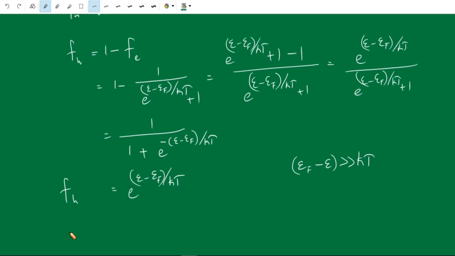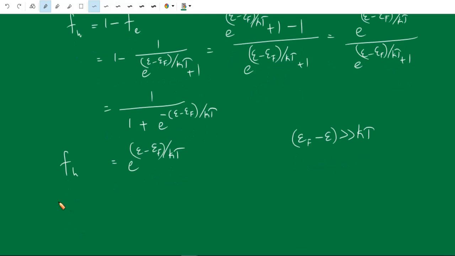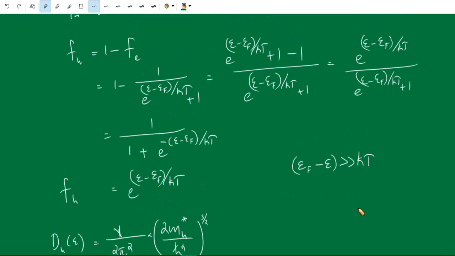Now the density of states of holes, that is dH of E, is given by V by 2 pi square into (2 m_h star, the effective mass of hole, by h cross square) whole raised to 3 by 2 into the kinetic energy of the holes.